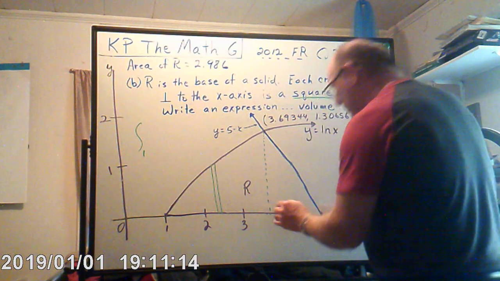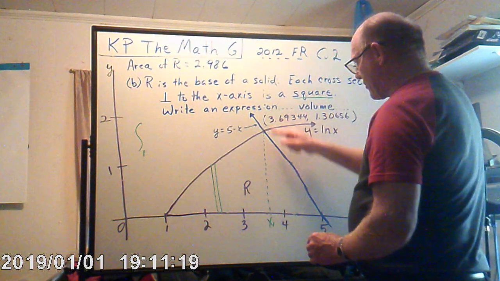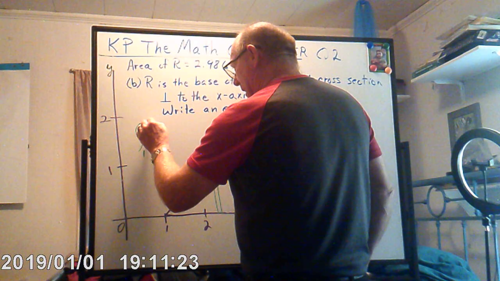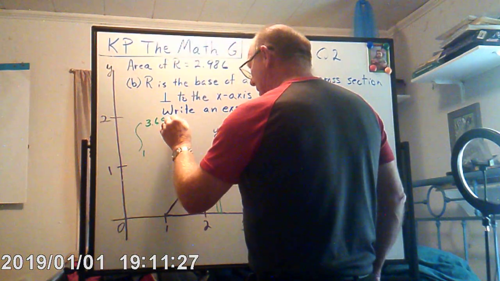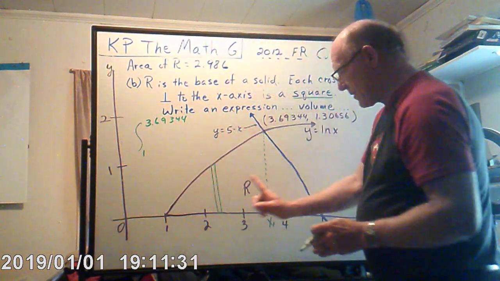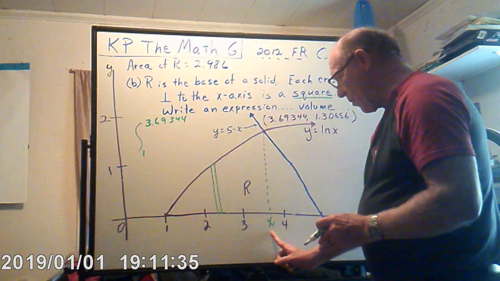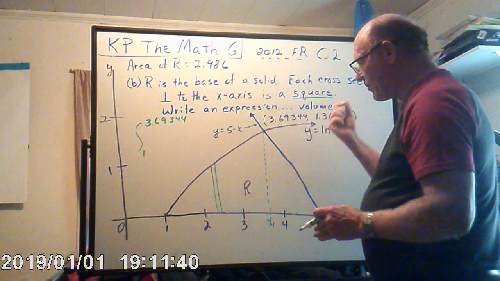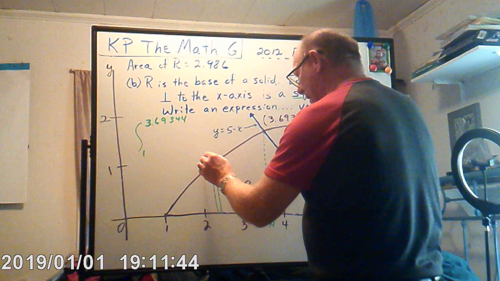This x value, we'll call it x sub 1, is 3.69344. You're going from 1 to this x sub 1, 3.69344, and of course this is ln.